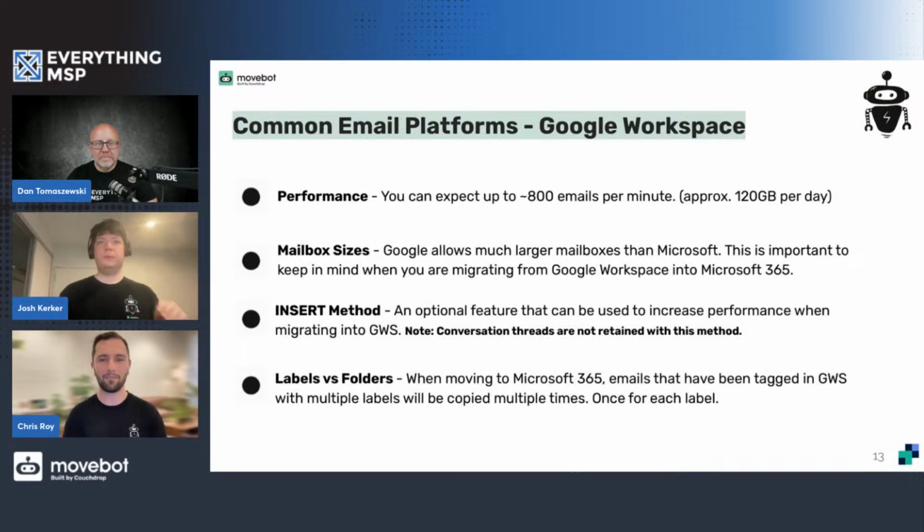Up first, we have Google Workspace. For each of these platforms, I'll touch on what performance expectations you can expect to see. On the Google side, we normally can expect up to around 800 emails per minute.